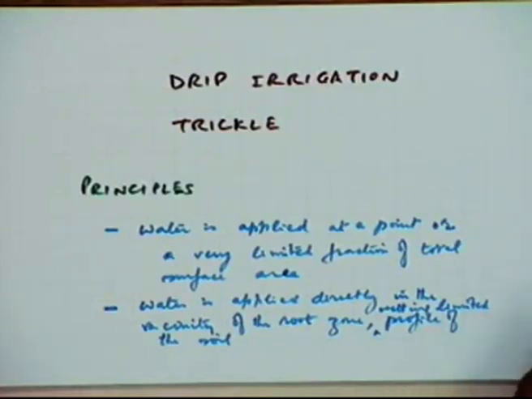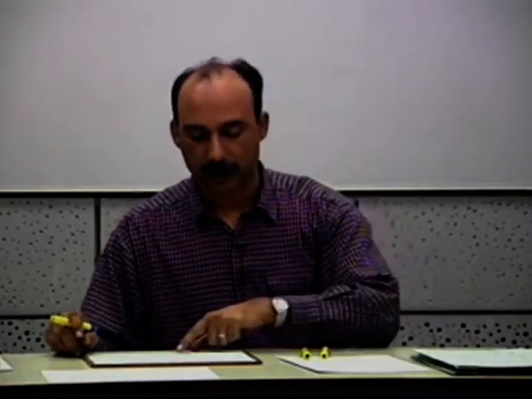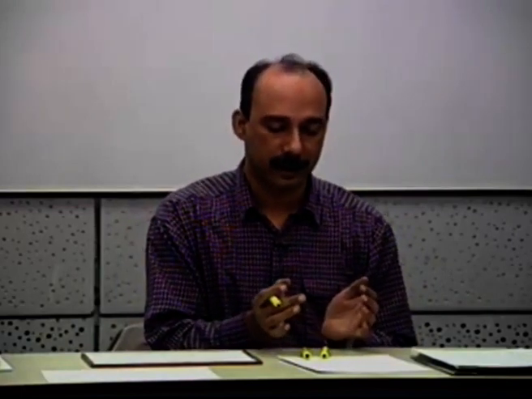So in the depth as well as in the horizontal dimension, you are trying to restrict the quantum of soil whose moisture content is increased, because you are trying to cater to only the root zone depth, or that particular volume of soil which is affecting the root zone in terms of moisture availability.